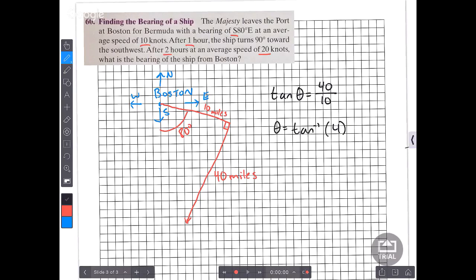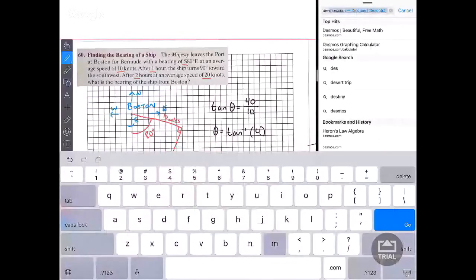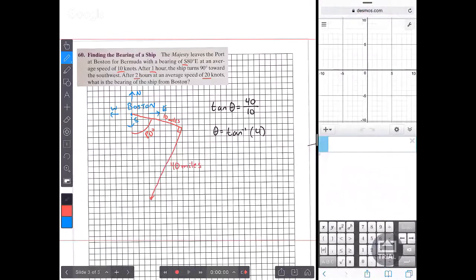And coming over to a calculator, inverse tangent of 4 is 76 degrees, 75.96 degrees.